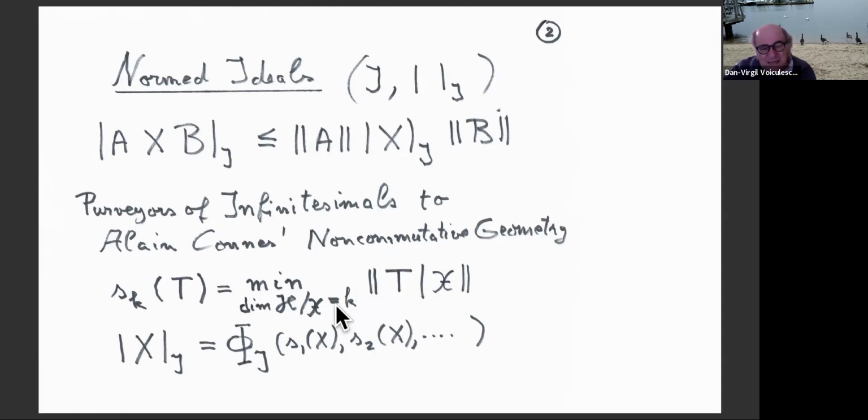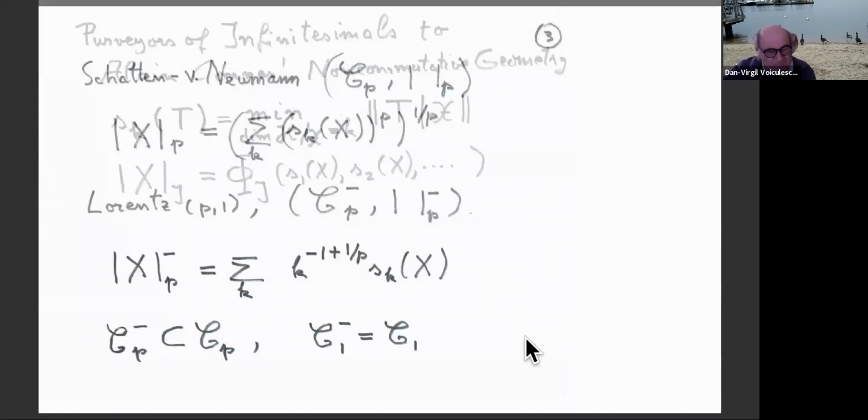And you take the inf of these norms when restricted to such subspaces of codimension k. And then the I norm is a certain function with some nice properties and depends only on this sequence, s_1(X), s_2(X), the sequence of s-numbers. These are the eigenvalues, if you want, of the square root of T star T.